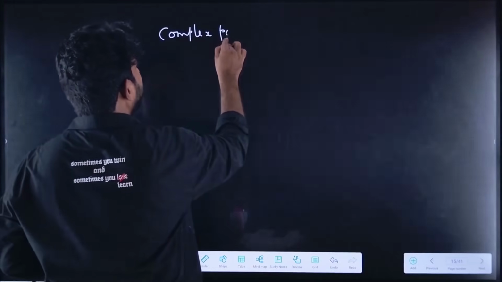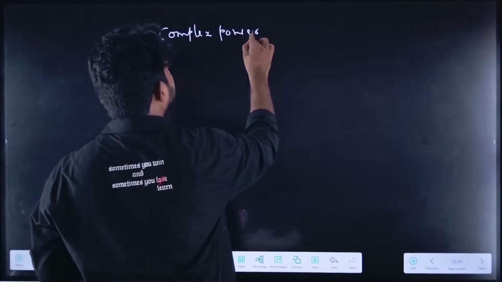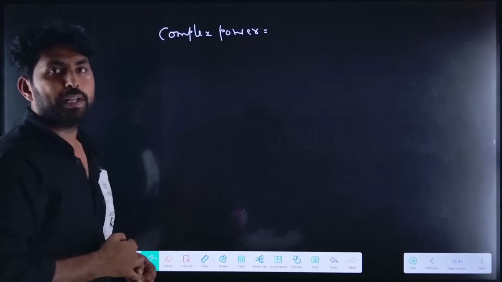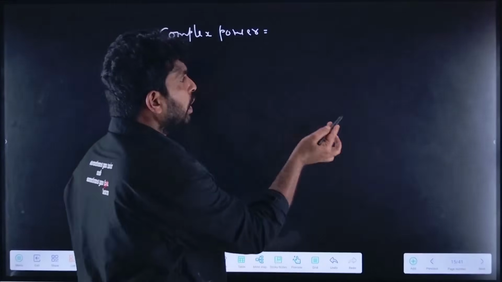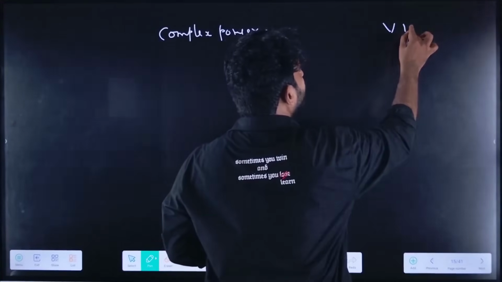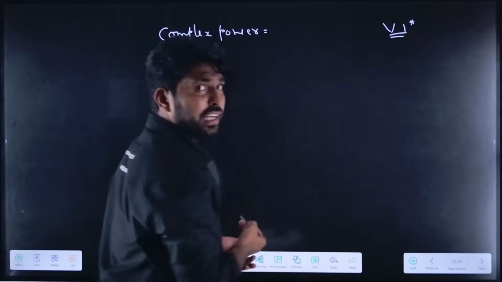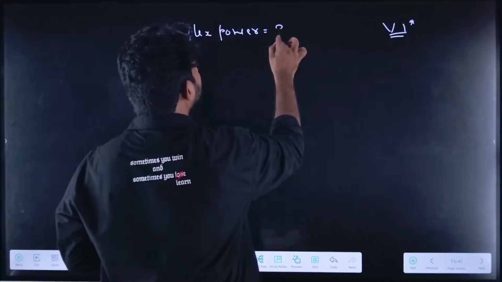Now let us find the complex power. How can we find the complex power? In a similar manner to single phase, V into I conjugate, we will use here 3 into V into I conjugate.